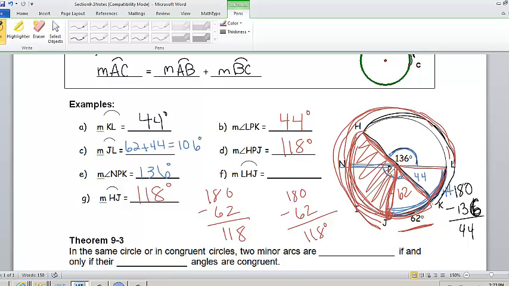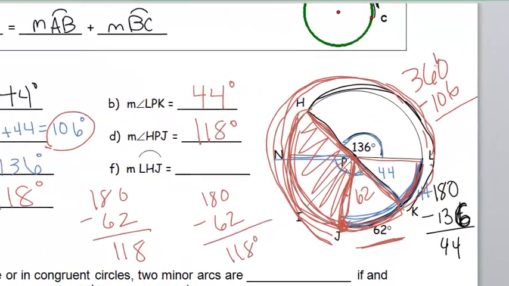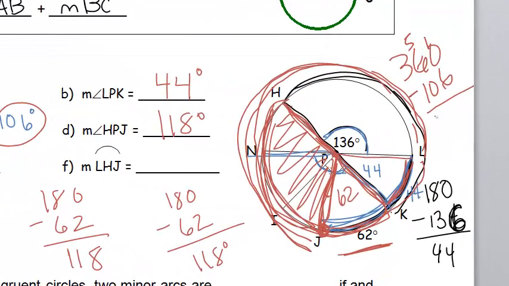It's basically everything in the circle except for the 62 and the 44. So if we do 360 minus, remember J to L was 106, so if we subtract 106 away, we get our answer. We get 254.